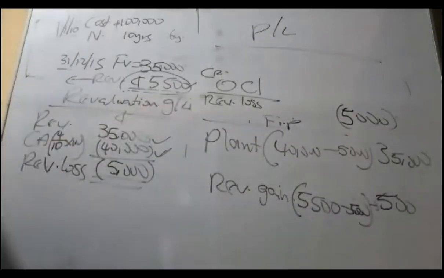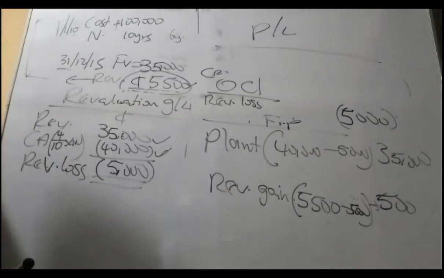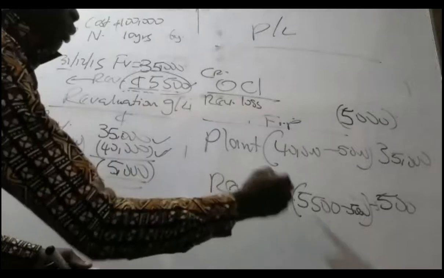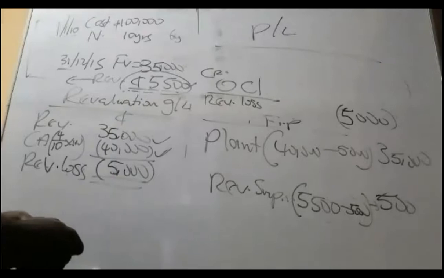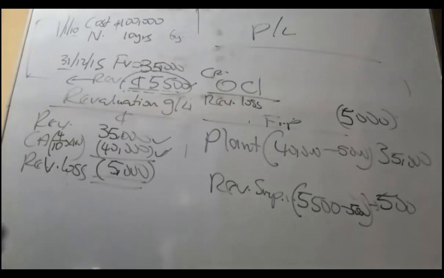So we are left with the 500. The 500 will go to the revaluation surplus account in the financial position. Good. So that is the treatment.